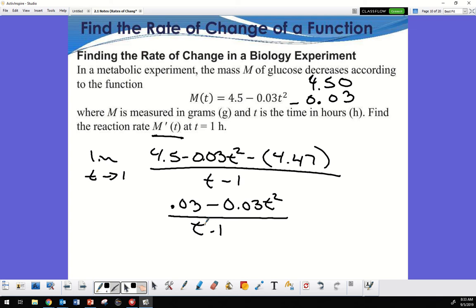If I factor out that negative 0.03, it changes the signs, so t squared becomes positive, and the positive becomes a minus 1, because I'm dividing out 0.03. 0.03 divided by 0.03 gives me 1.